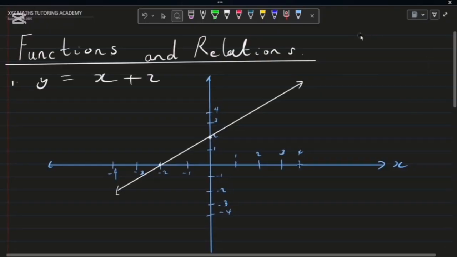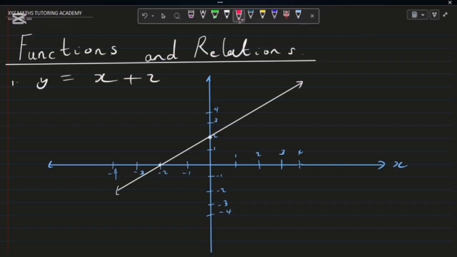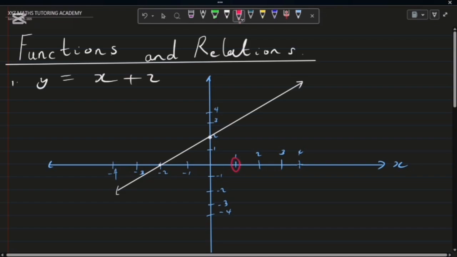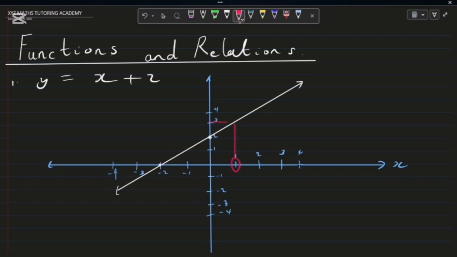So let's see what is going on over here. Let's look at the different x values. Let's start with this one. It has one y value associated with it. Then this one, even though it's not straight, if we go upwards we see there is only one y value, and this one as well, one y value.